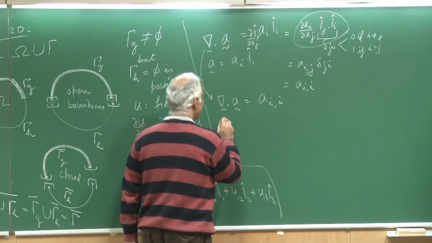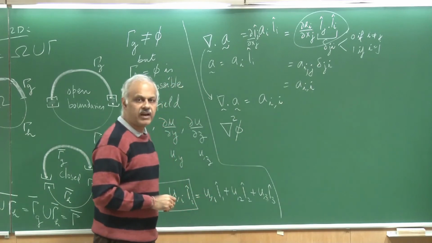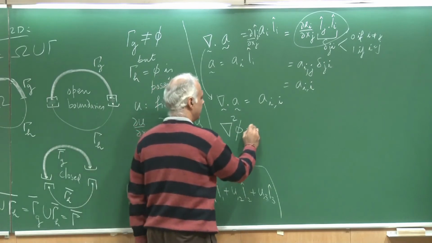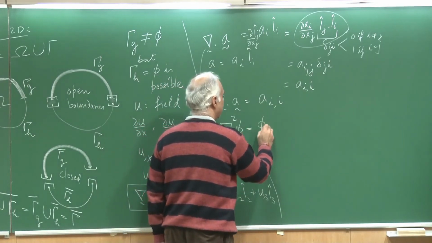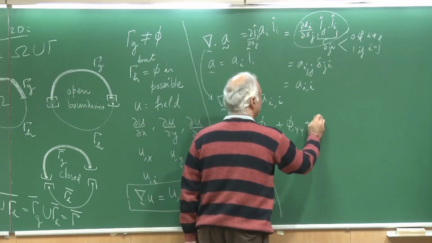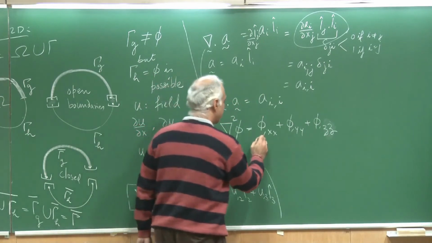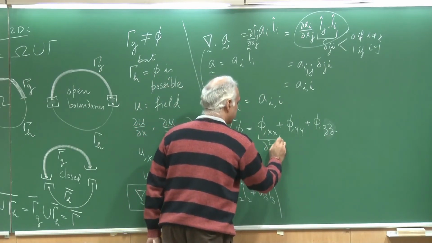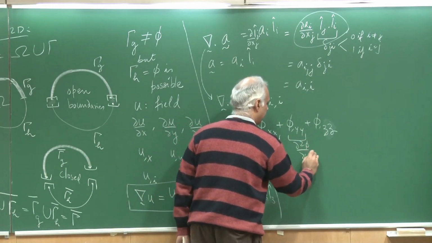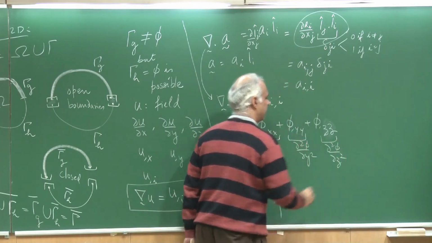Let's look at a quantity like the Laplacian del square phi. Phi is a scalar field, and I am interested in this quantity which we know is phi comma xx plus phi comma yy plus phi comma zz, right? And each one of them, as you know, is actually del square phi by del x square, del square phi by del y square, and del square phi by del z square.